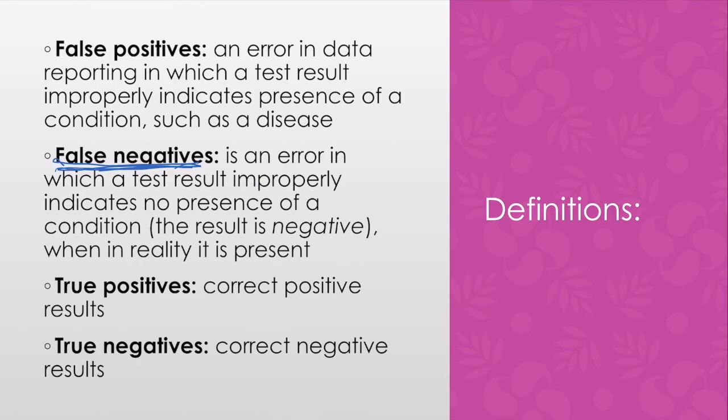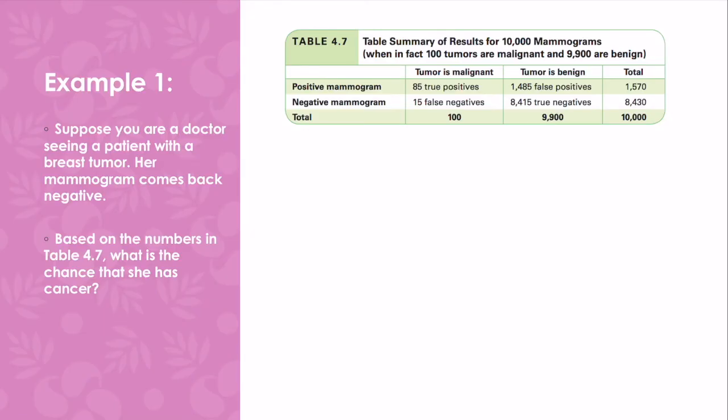So let's take a look at this example 1. Suppose you're a doctor seeing a patient with a breast tumor. Her mammogram comes back negative. Based on the numbers in table 4.7, what is the chance that she has cancer? It's important to note briefly that not all tests are 100% accurate, right? Even the COVID tests, when you hear them talked about in the news, they're like 95% accurate, 90% accurate.